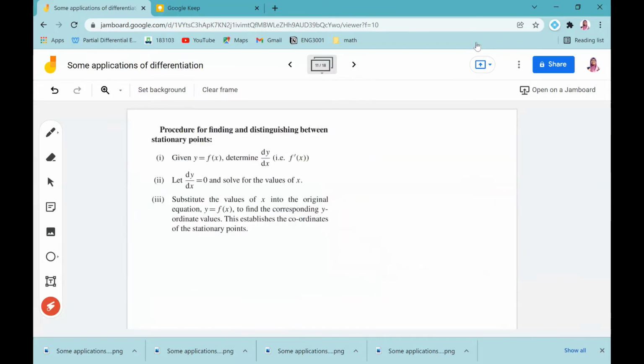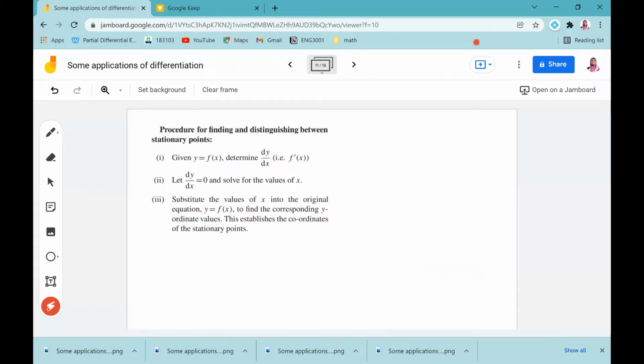Okay, now this is the procedure to find the stationary points or turning points. We will be given y equals f of x, a function of x. Then we determine the gradient, which is dy over dx.